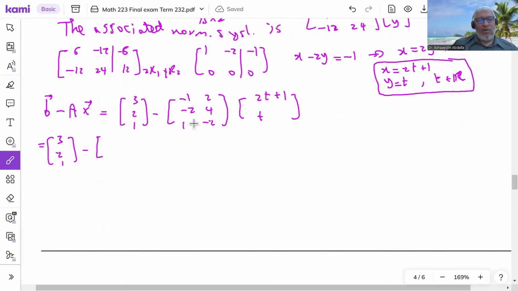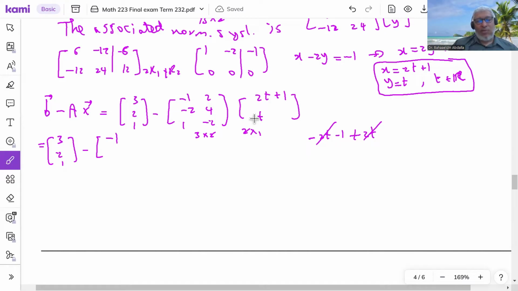Negative 1 times 2t plus 1, that's negative 2t minus 1, plus 2t. So these will be cancelled and I'll have negative 1.